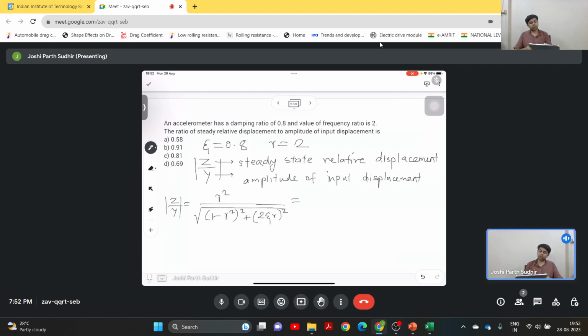It is already given that R is equal to 2, so R square is equal to 4. The square root of 1 minus R square, that is 1 minus 4 the whole square, plus 2 into 0.8, which is the value of zeta, into 2.